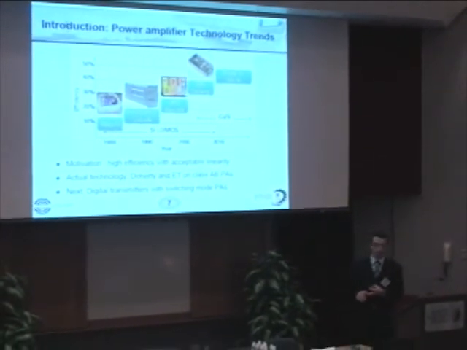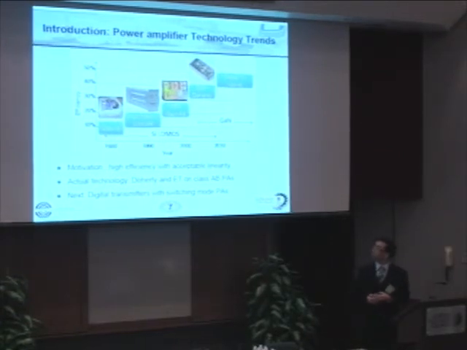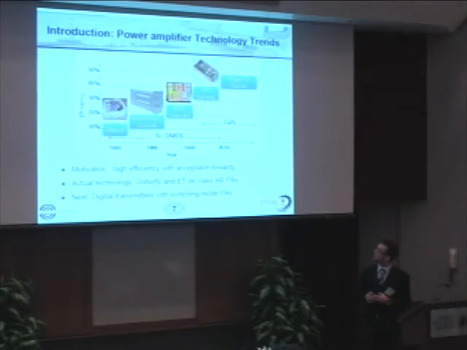20 to 30 years. We started with quite linear types of amplifiers that provide an efficiency of about 10%. Then we moved to improve the efficiency by moving to a more nonlinear class AB and applying a linearization technique. First, people proposed feed forward, which improves the linearity but not the efficiency, and then they proposed a new linearization technique, digital pre-distortion or DPD.